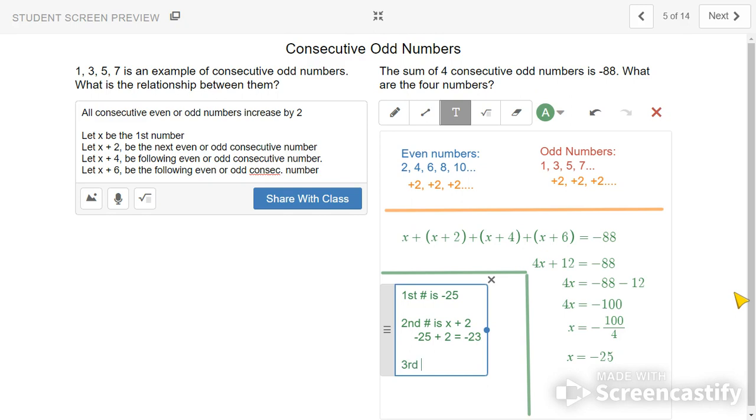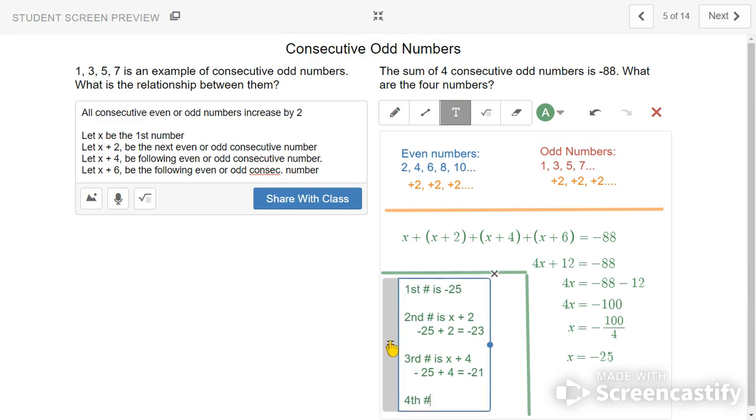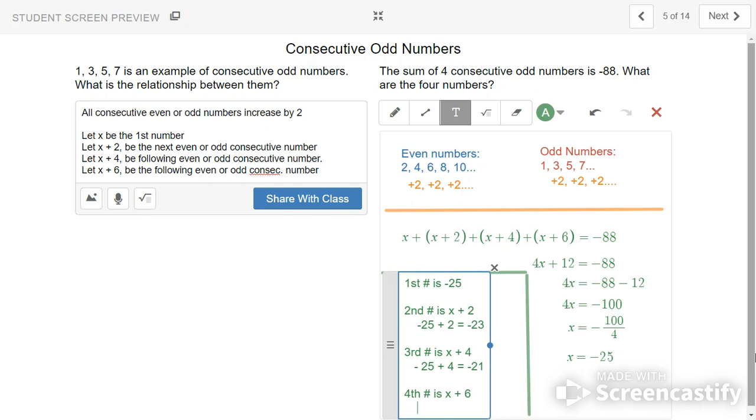Our third number is x plus 4. So I have negative 25 plus 4. That equals negative 21. And finally, the fourth number is x plus 6. So we have negative 25 plus 6, and that gives us negative 19.